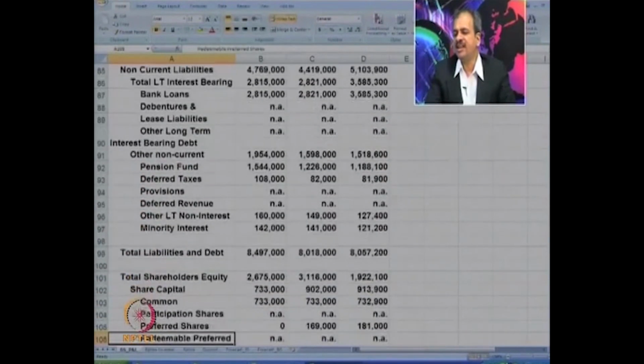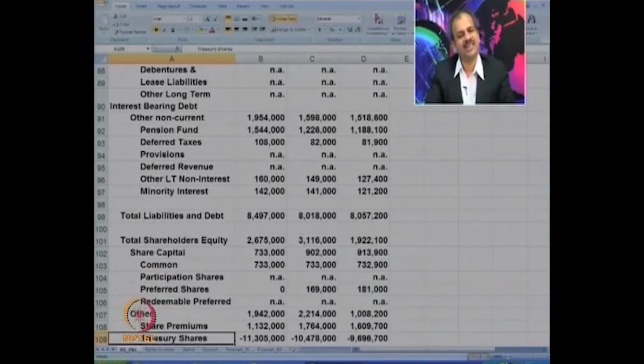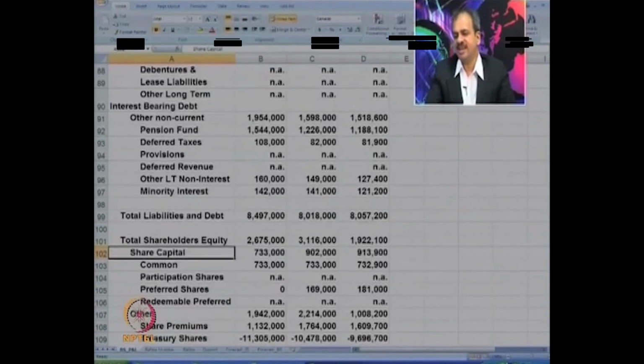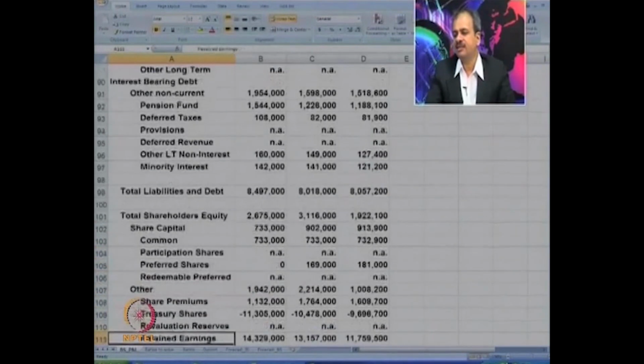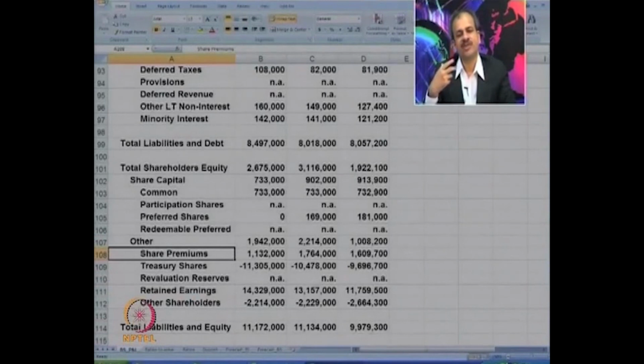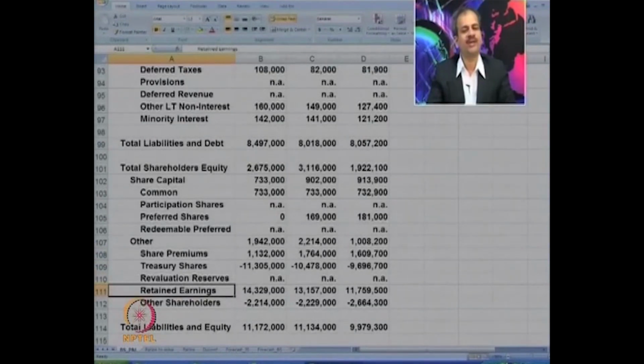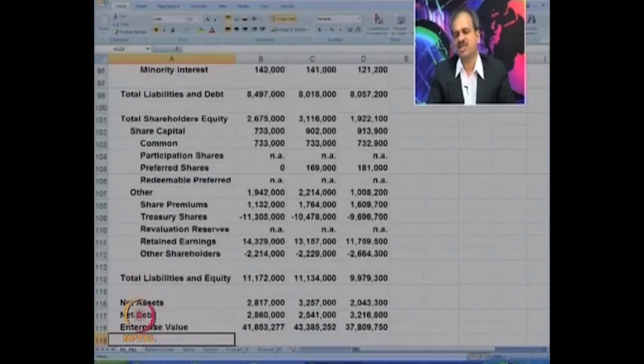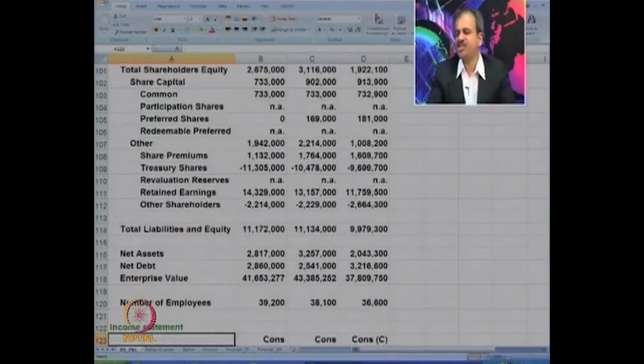The last heading is total shareholders equity or shareholders funds as it's known, which is again divided into share capital and others. Others basically represent various types of reserves. So here you can see we have a share premium, treasury shares, retained earnings and so on. Okay. So this is the balance sheet.